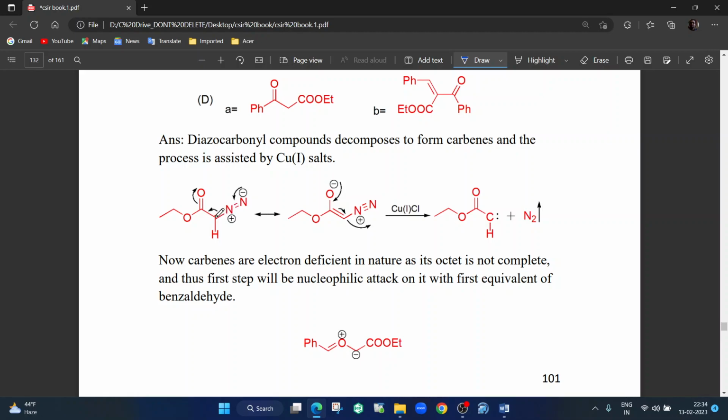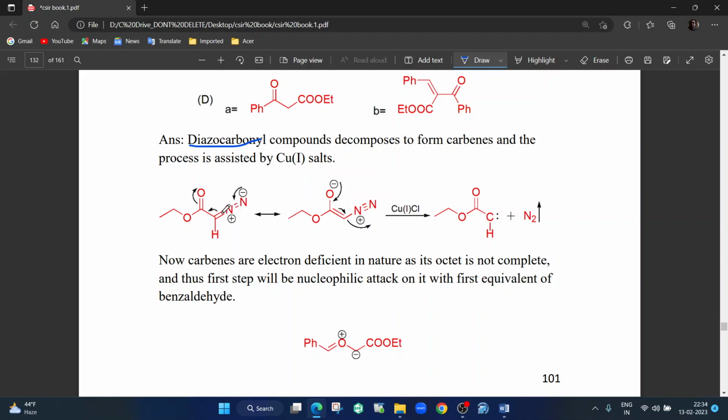If you look into Jerry March, it talks about how carbenes are formed. This is one of the ways, a diazo carbonyl compound. So this N2, see nitrogen valency, you just look into it. So CO, it is very clear, then CH, N2. So double bond and double bond, and that is how it is generally. So this nitrogen has negative charge, this has positive charge, because nitrogen valency is 3.